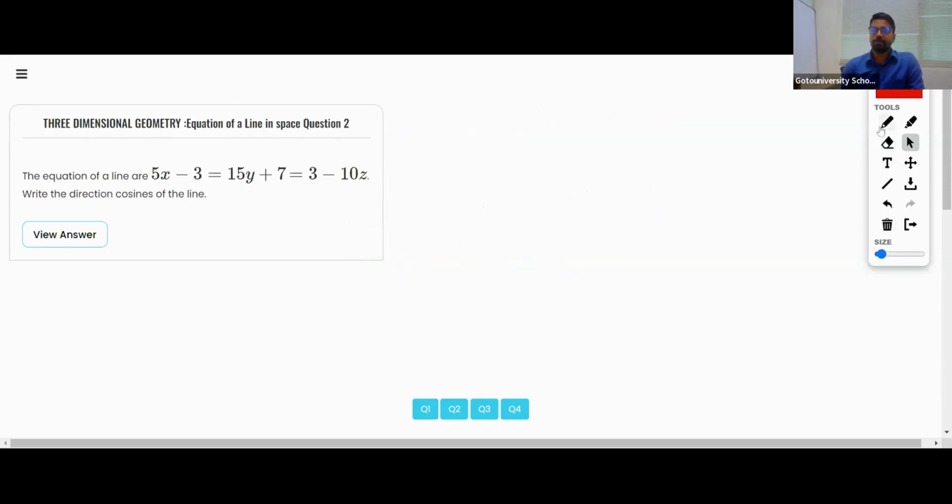So the given equation 5x minus 13, we can divide and multiply by 5. So divide the numerator and denominator by 5. So 1 by 5 divided by 1 by 5.